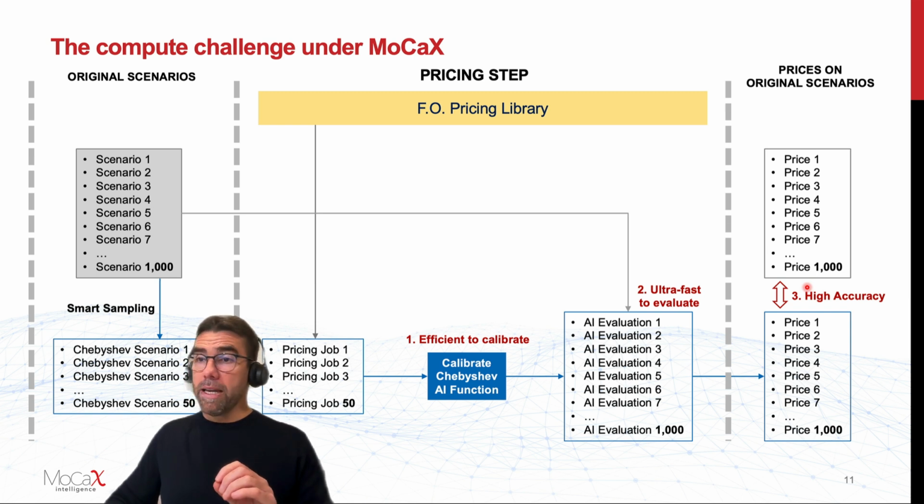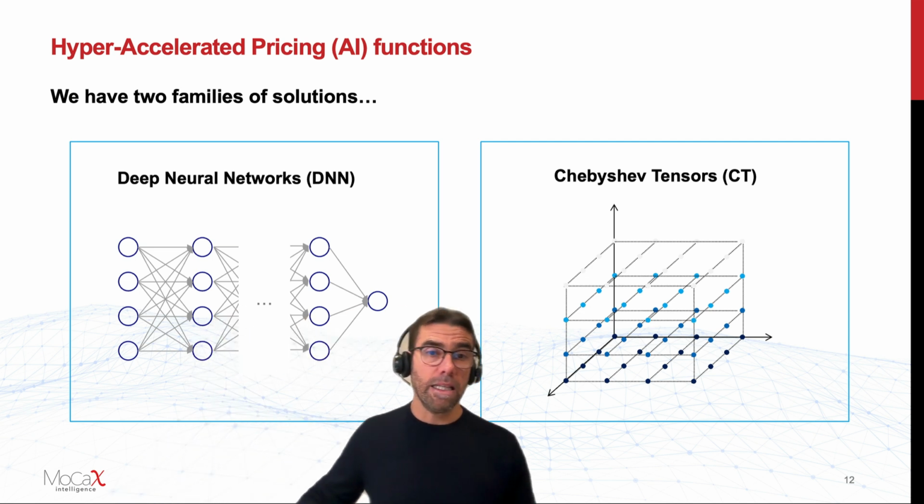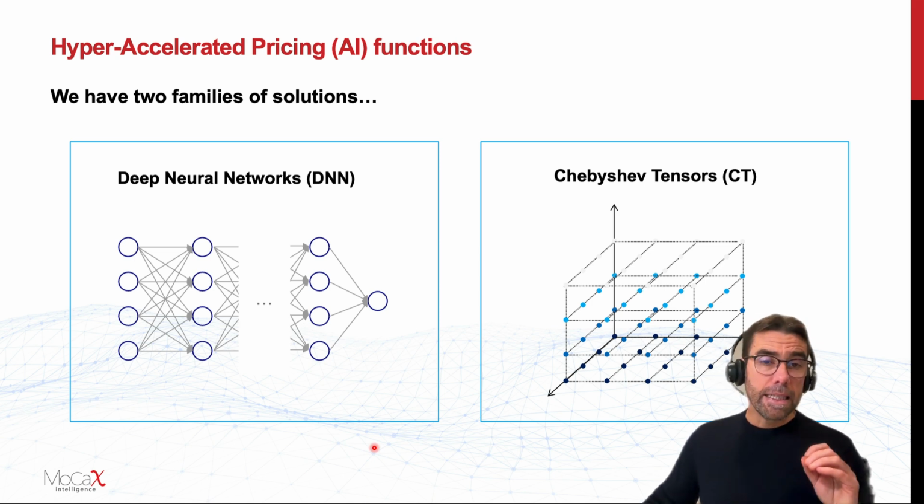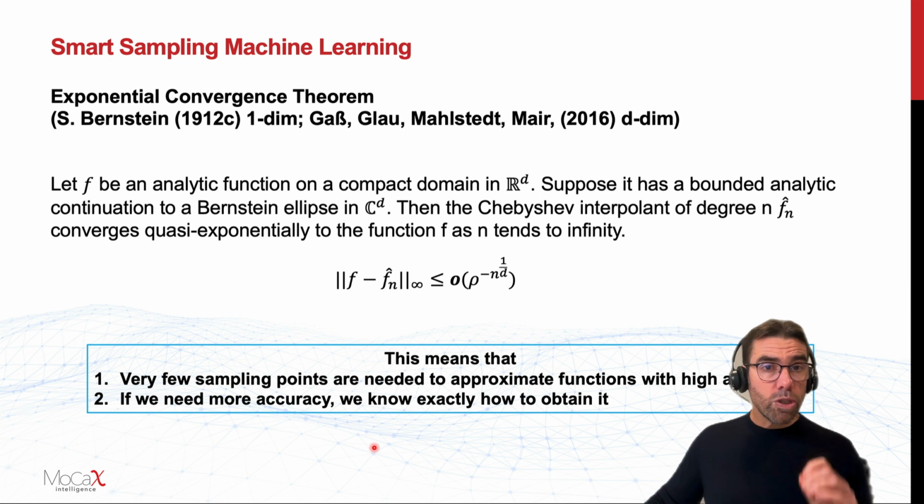The question now is, how do we generate all these paths? There are two clear candidates for this. One is DNNs, and the other one is Chebyshev tensors. Let me talk a little bit about Chebyshev tensors now. They are grounded in the following theorem.